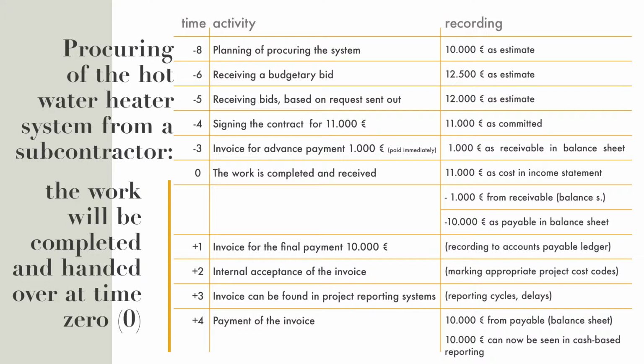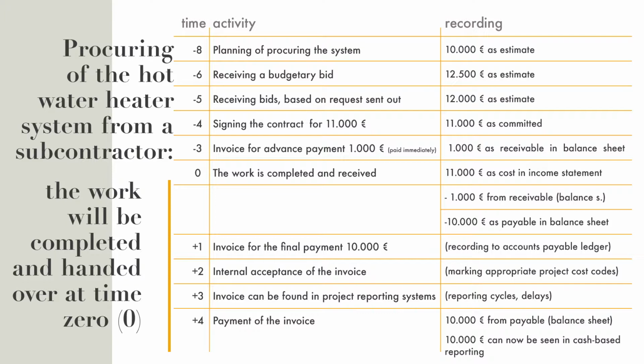And we take this 1,000 from the receivable in the balance sheet, and we record 10,000 as payable in the balance sheet. So that is a kind of debt that we have towards the supplier, which has already delivered the whole system.